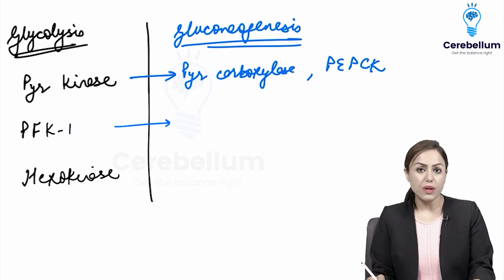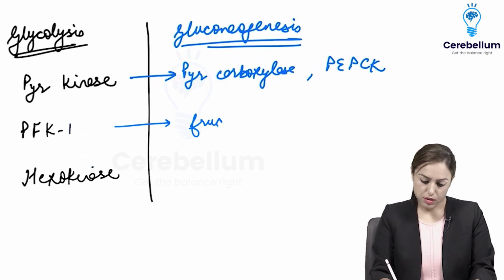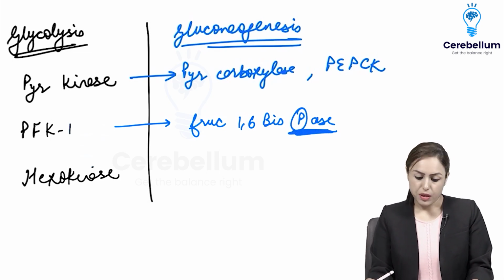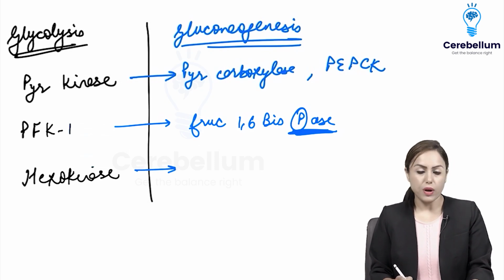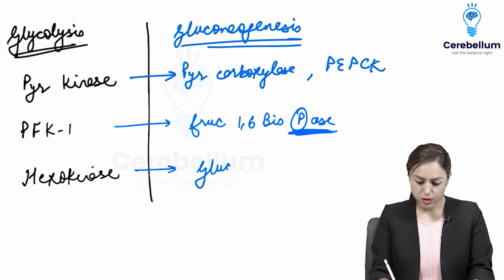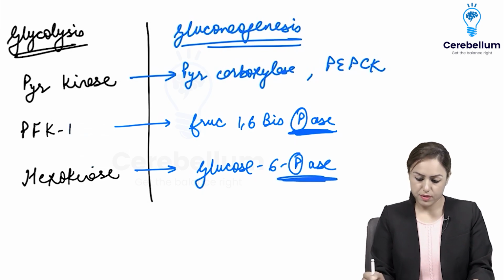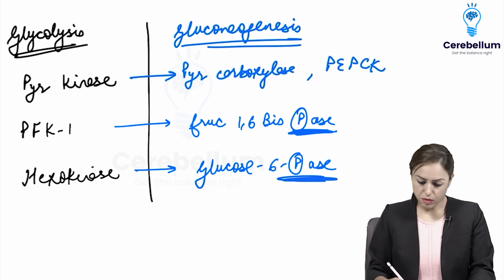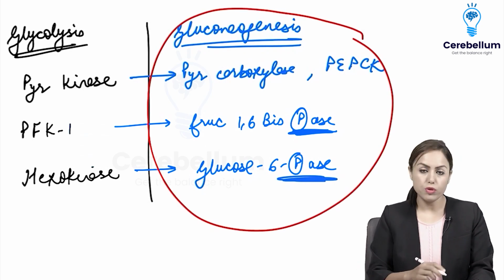Then instead of PFK1, there is fructose 1,6-bisphosphatase, okay? Then instead of hexokinase, in gluconeogenesis, we use glucose 6-phosphatase, right? So these are the 4 special enzymes of gluconeogenesis.